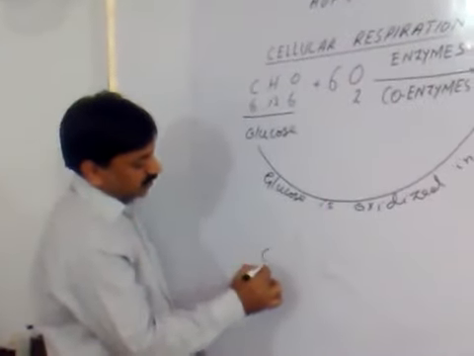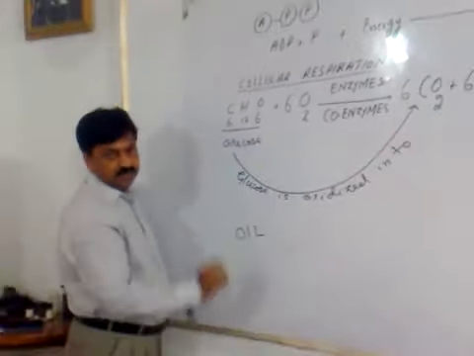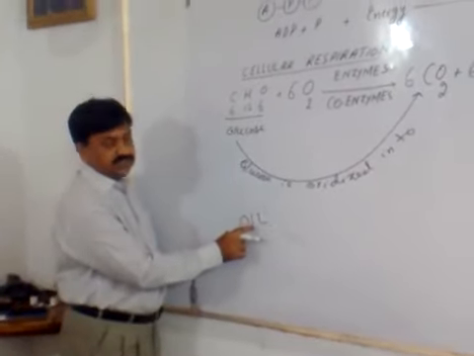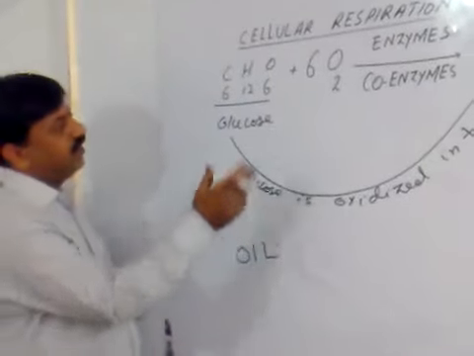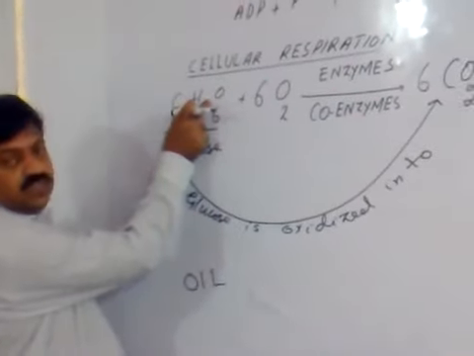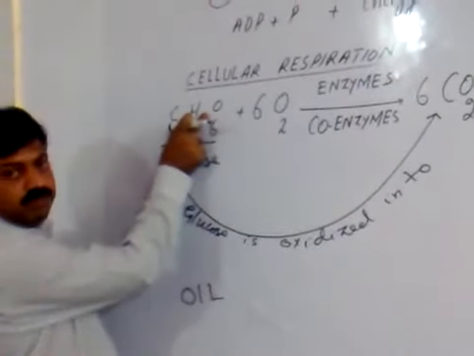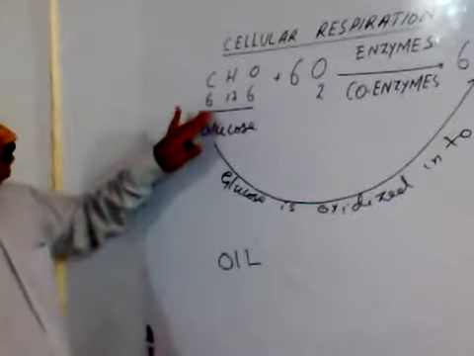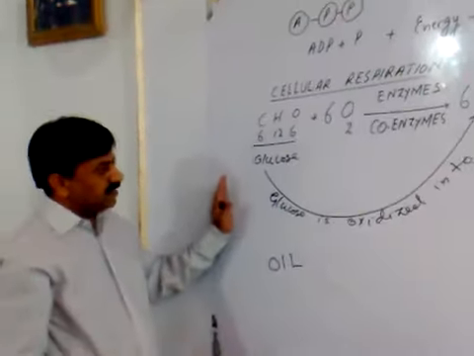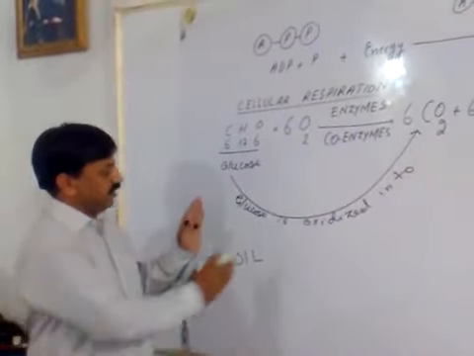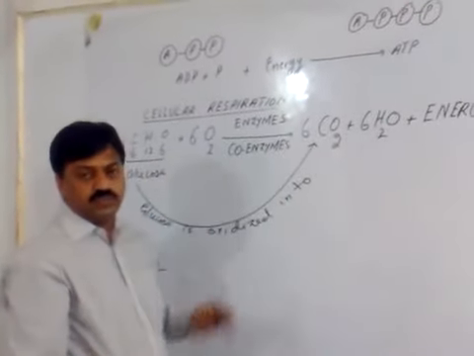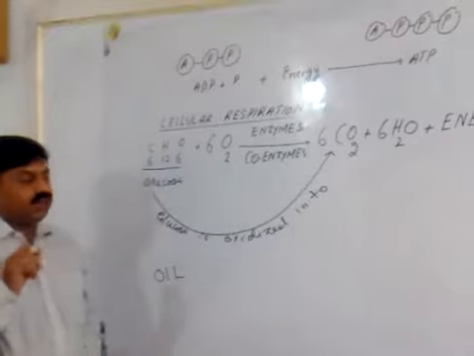Remember, oxidation is OIL. Oxidation is loss. Loss of what? Oxidation is loss of hydrogen plus electrons. So when glucose loses its hydrogen atoms along with a pair of electrons, we say glucose is oxidized into carbon dioxide.